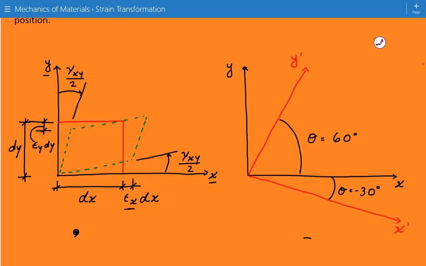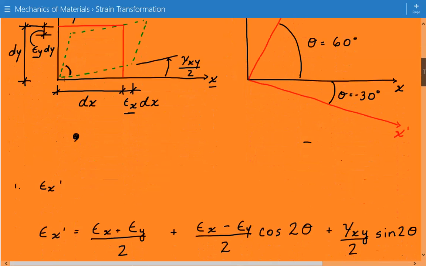And then we had a negative strain in the y direction. That's why it's getting smaller in the y direction. And then we had a positive shear strain. So this angle here is going to be less than 90 degrees. That means this is positive shear strain.